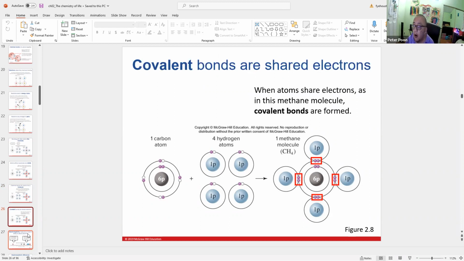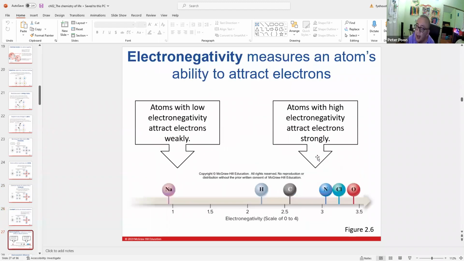Covalent bonds are when atoms share electrons. Here the electrons are shared. The way we think about it is how strongly atoms want electrons, which is called electronegativity.